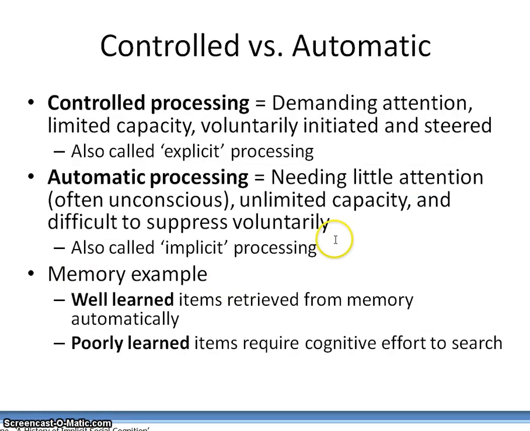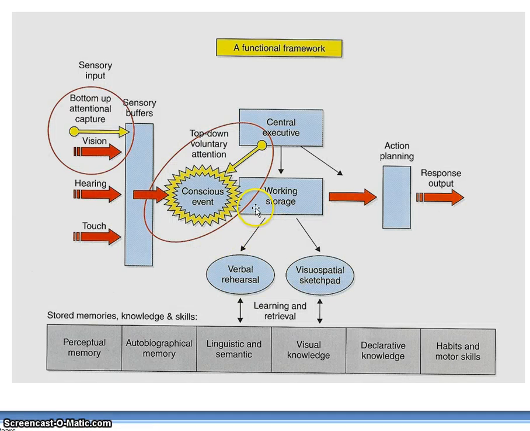Now let's take a look at another of these characteristics. Unlimited capacity for automatic processing, limited capacity for controlled processing. So let's see what that's about. The idea here is that the controlled processes have a limited capacity because working memory itself has a limited capacity. The attention systems have a limited capacity. We cannot pay attention to too many things at once.